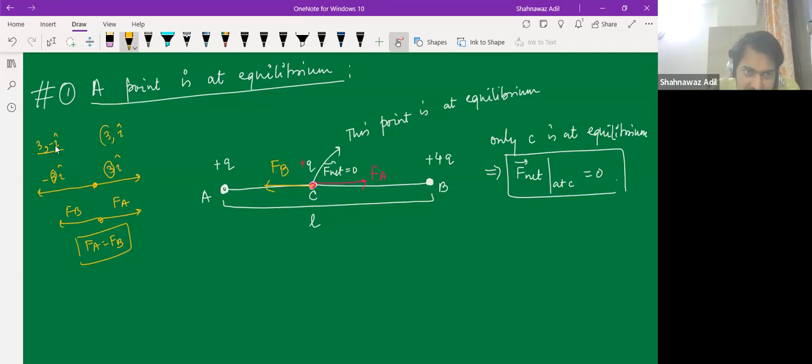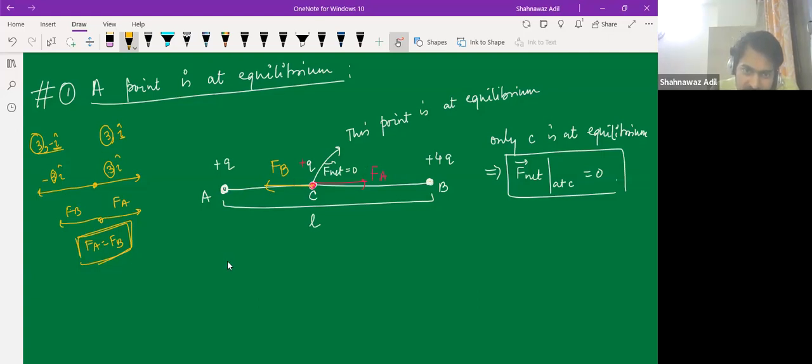That is why their magnitude is the same but their direction is opposite, so they are cancelling each other out. Similarly, the magnitude of FB and FA should be the same and the direction opposite, so then they will cancel out.